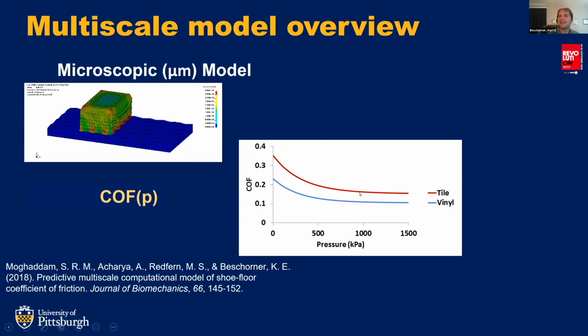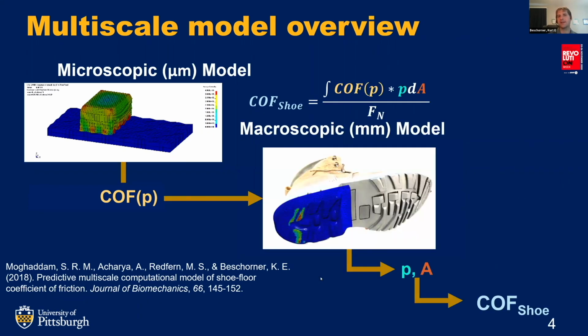We can take that information from our microscopic model, these curves, and combine them with a whole shoe model. A whole shoe model will give us the contact pressures at each individual point along the shoe tread. We can map those curves onto these contact pressures and figure out what the coefficient of friction is at each individual point. We can bring all that information together and get an overall estimate for the coefficient of friction for that shoe.